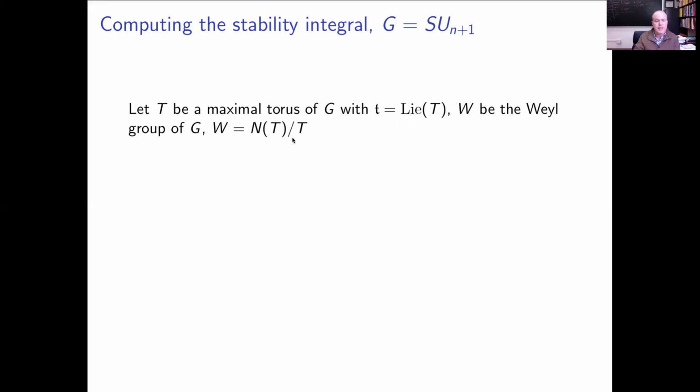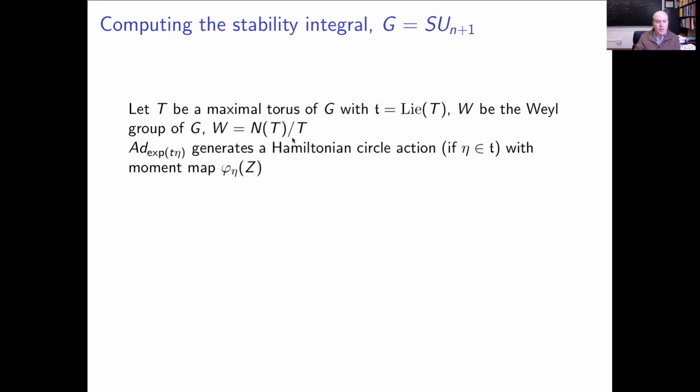To do this, let T be a maximal torus, and there's a corresponding Weyl group which is realized as the normalizer of this torus mod T. Choosing eta carefully, there are some constraints to lie in the maximal torus. You're going to get a circle action.